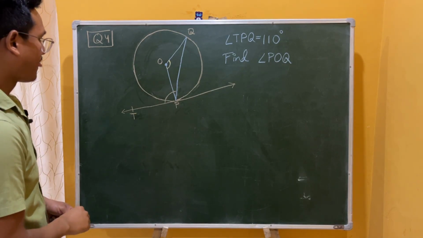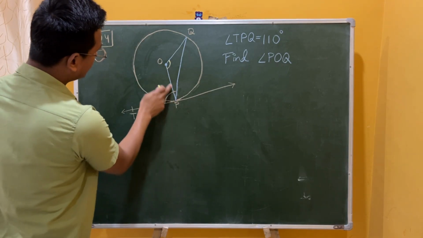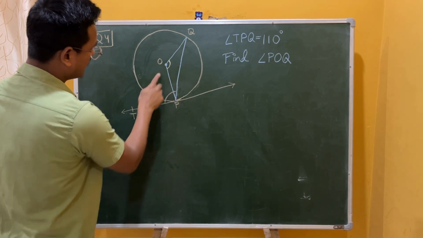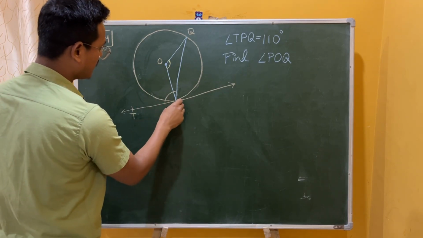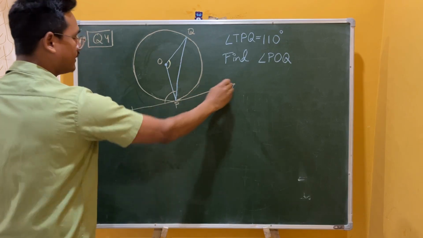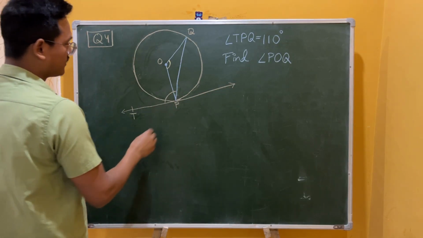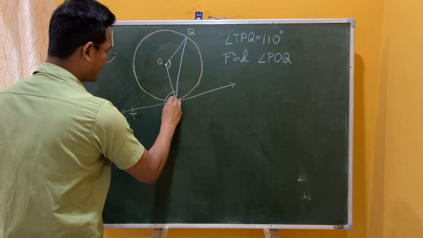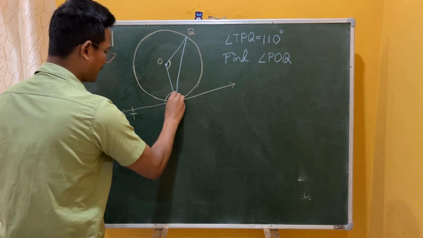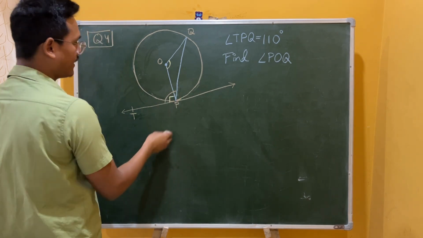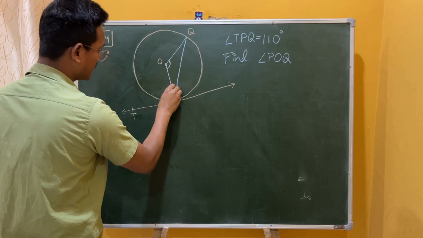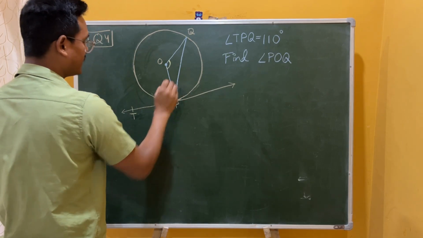So how do we do it? OP is the radius, and this radius is always perpendicular to the tangent, right? So this angle is 90 degrees, the entire angle is 110. So this is 20 degrees.